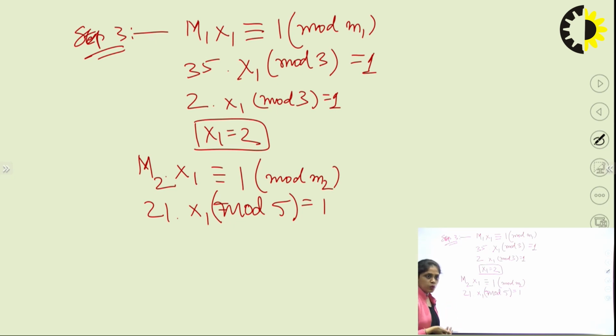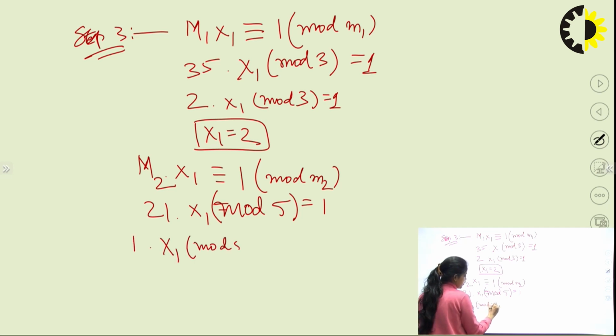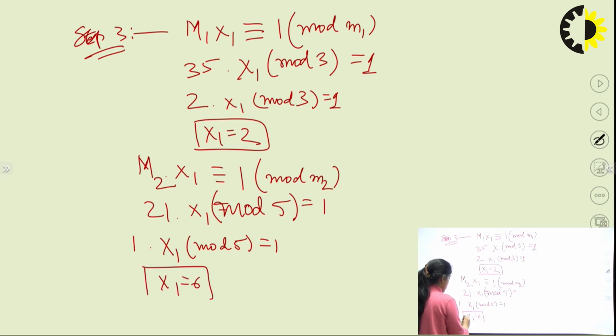So by which value are we going to multiply it so that it gives 1 mod 5? That value is 6.